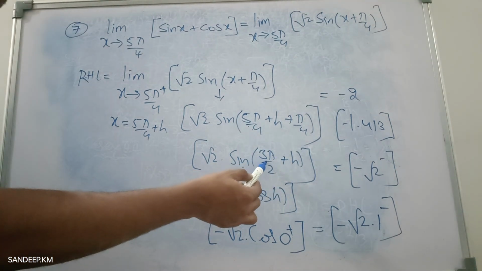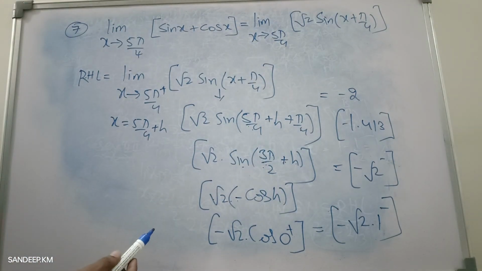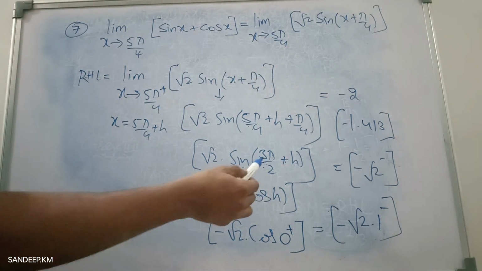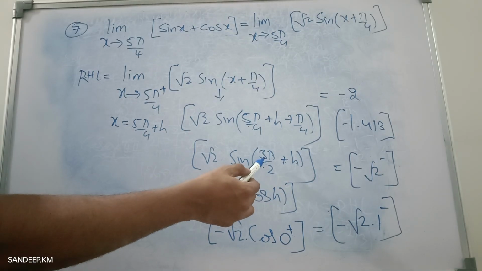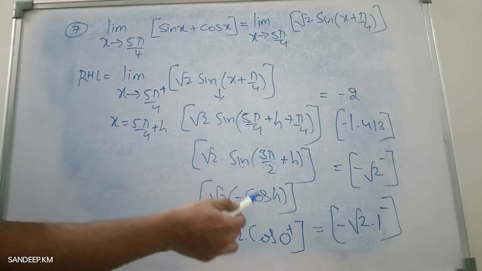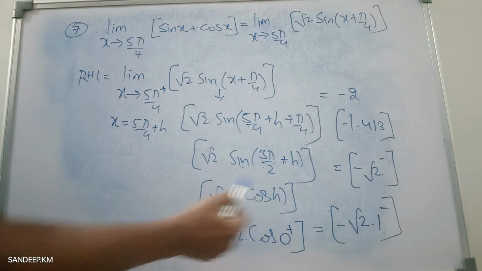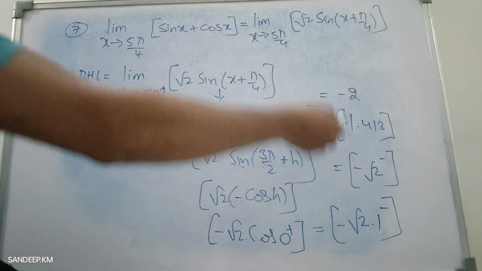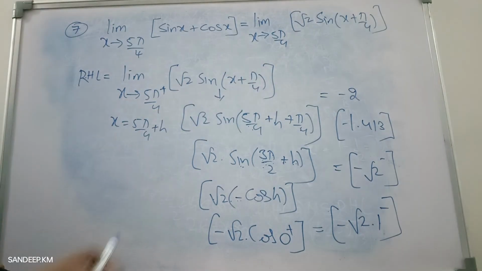And 270 plus h is a fourth quadrant angle. In the fourth quadrant also sign is negative only, and again 3 into 90, an odd multiple of 90, so sin becomes cos. Again the same answer. Even the RHL is minus 2.